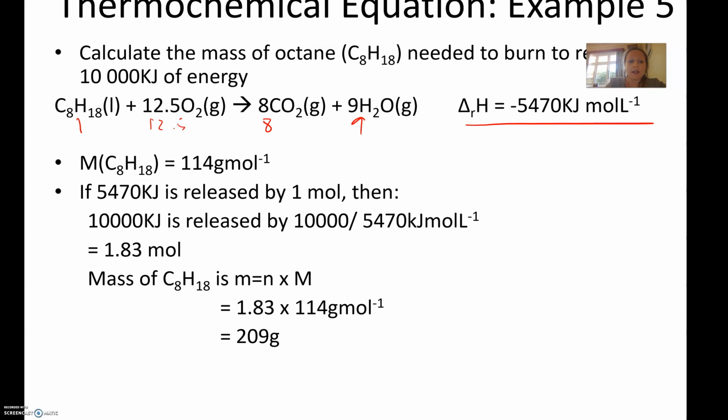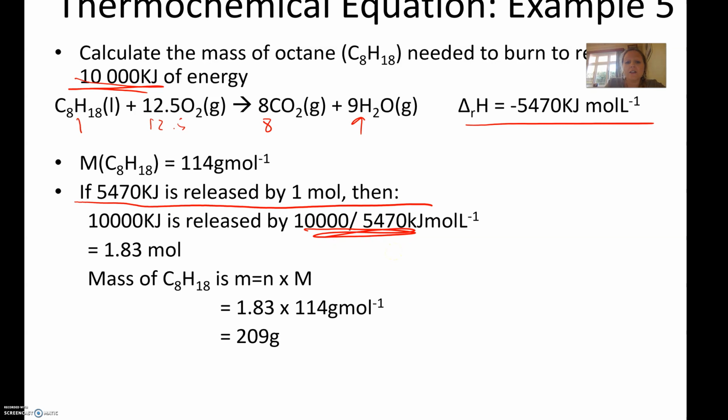And so if we have 1 mole producing negative 5470 kilojoules, then we need to know how many moles would produce 10,000 kilojoules of energy. So what we need to do is do 10,000 divided by 5,470.